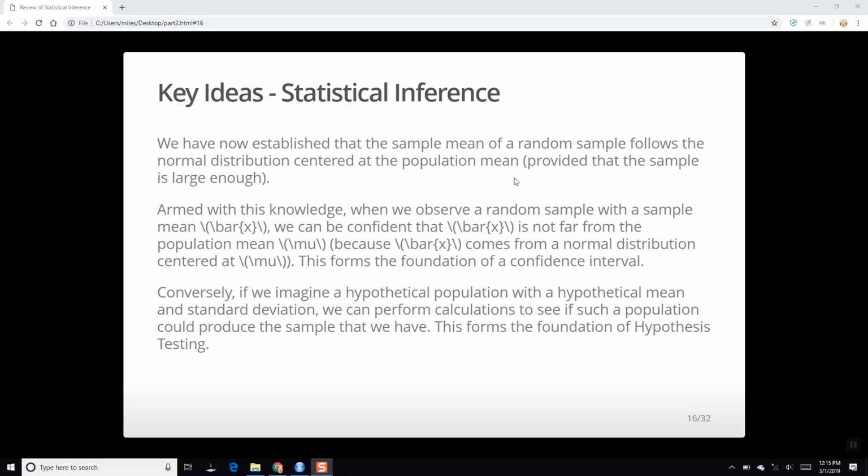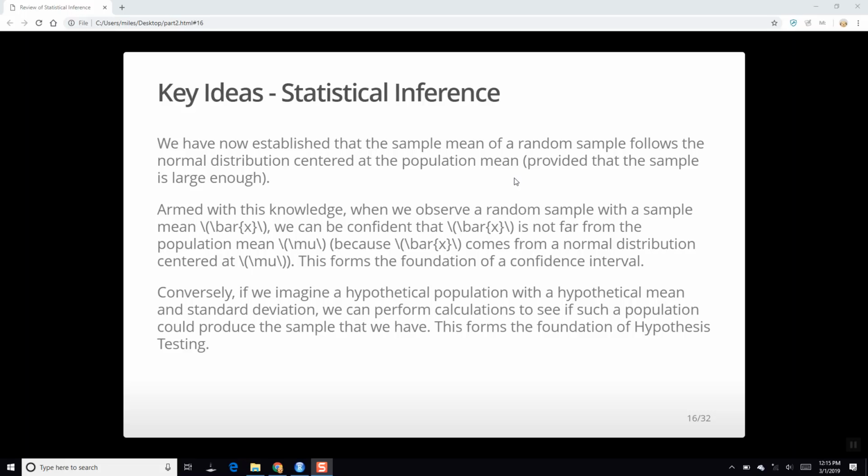And so we can create a confidence interval. That forms the idea for a confidence interval: because we know x bars are close to the mu, when we see an x bar, we can be confident that mu is close to x bar. Okay? And then conversely, when we do hypothesis testing, we start off and say, let's imagine some hypothetical population with these properties.